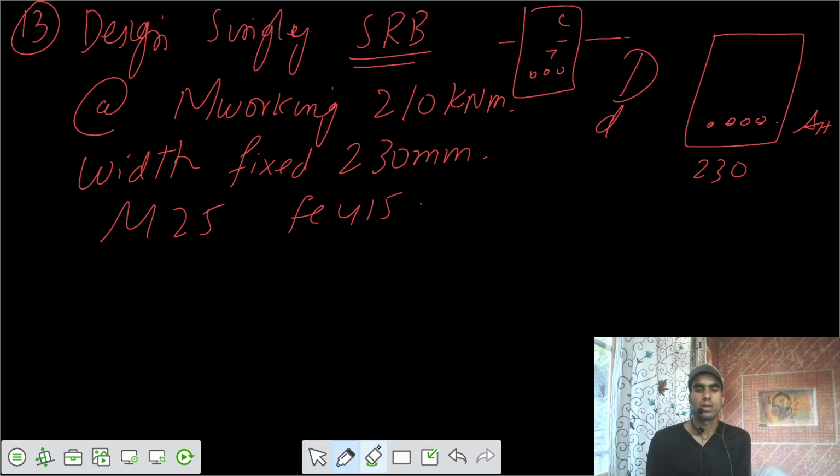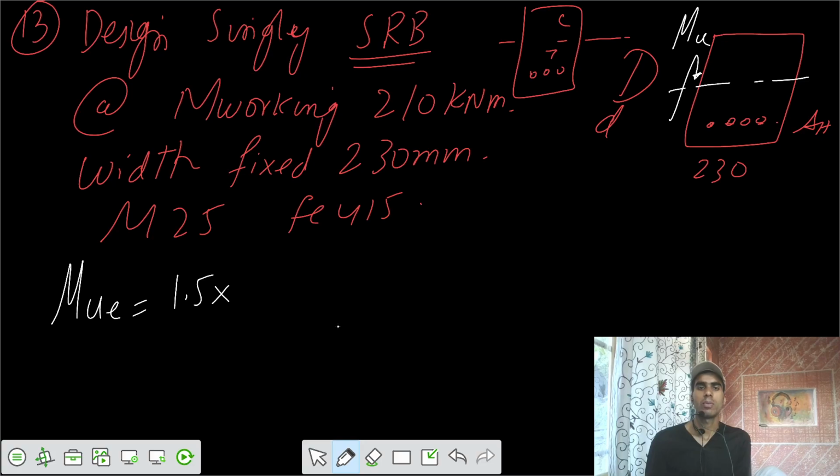So let's see how much total applied moment is there on this cross section. Sagging bending moment, Mu factored applied. What is the Mu external, the external factored bending moment? That is 1.5 times, because of the dead load and live load combinations, 1.5 times 210 kilonewton meters.